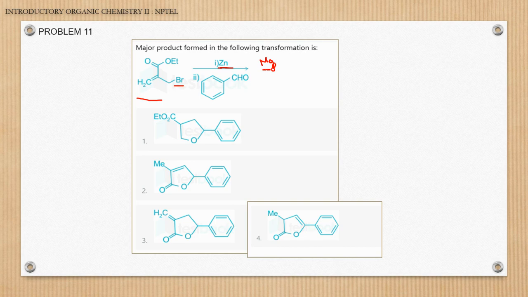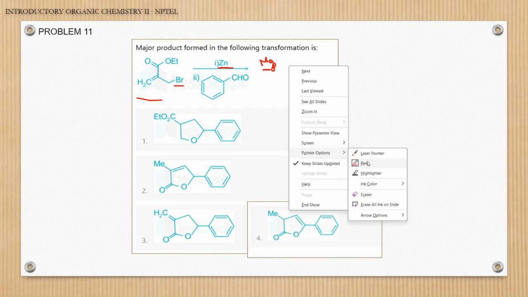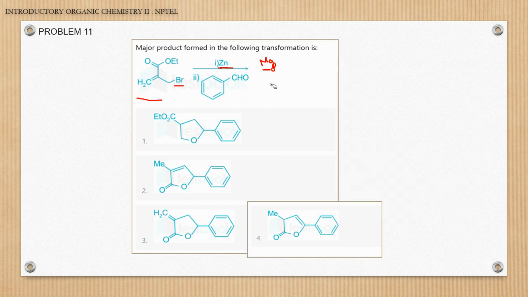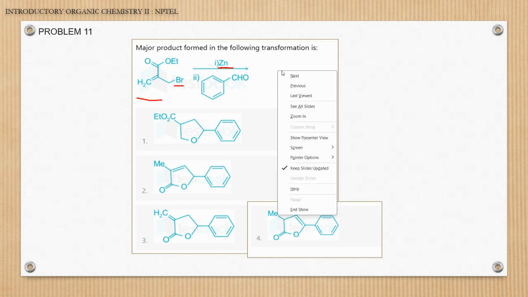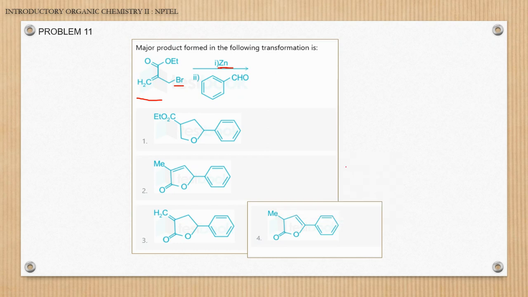If I add magnesium in the first step, then what will magnesium do? Magnesium being a metal, it will oxidatively insert between this carbon-Br bond to give you the Grignard, right? RMgBr.